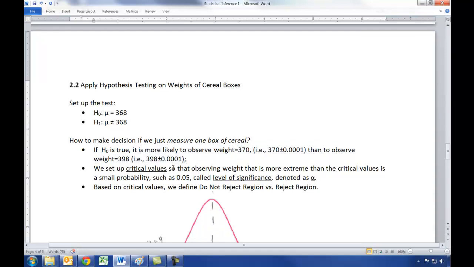So that gives us the idea that we should set up critical values, so that observing a weight more extreme than the critical values has a really small probability, such as 5%. And we call this small probability that we need to set the level of significance, denoted as alpha.